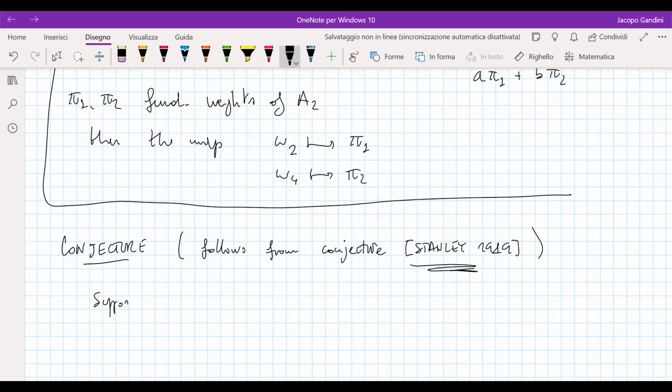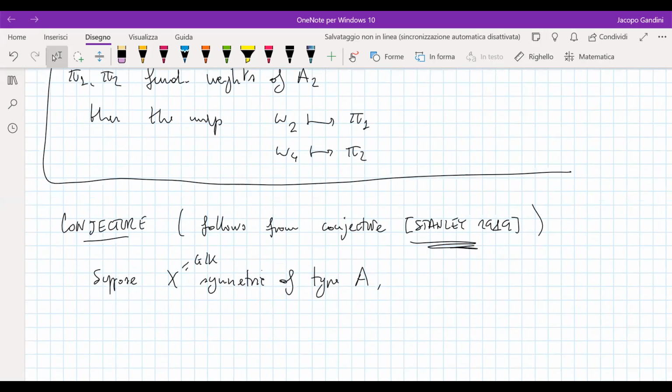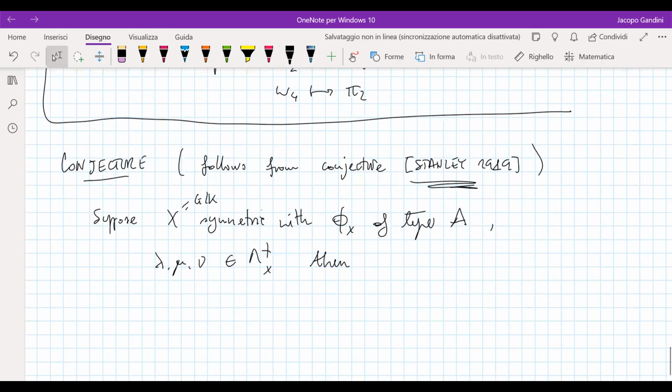And the conjecture is as follows. Suppose we are always in the symmetric case, and suppose that phi x is of type A. And take three weights, as we want to multiply. Then E lambda times E mu contains E nu.